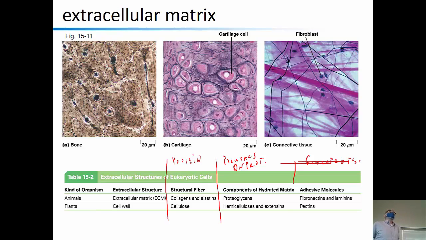If we look at something like bone, the extracellular matrix is very dense. It's a solid, right? If we were to look at something like cartilage, it's much more stretchy, so cartilaginous. It's sort of spongy a little bit.